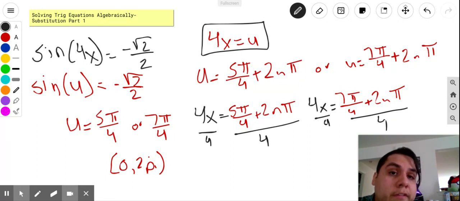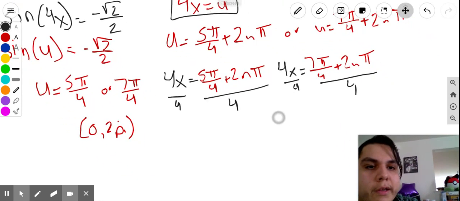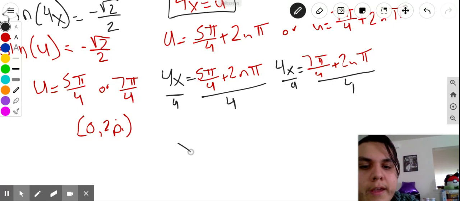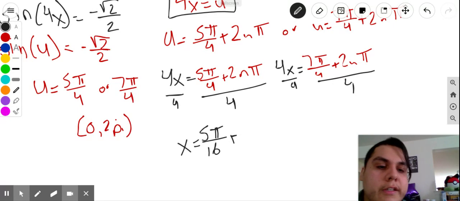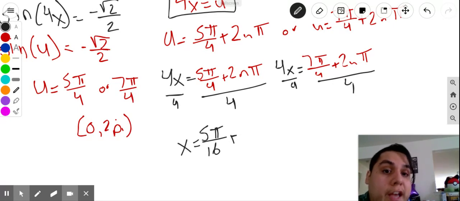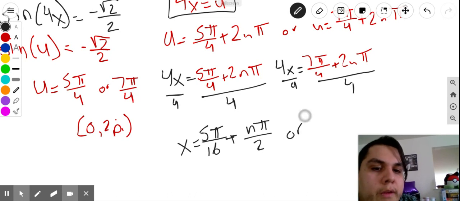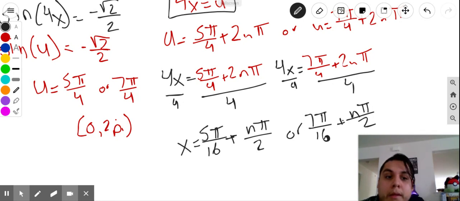So 5 pi over 4 divided by 4, aka multiplying by 1/4, would give me x equals 5 pi over 16 plus 2n pi divided by 4. Well, 2 over 4 is just a half, so plus n pi over 2, or 7 pi over 16 plus n pi over 2. And that's it.